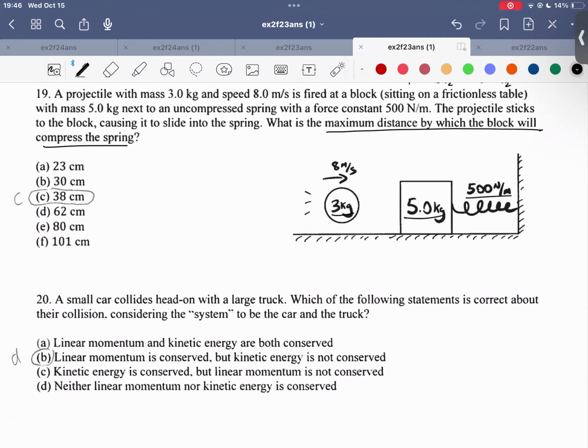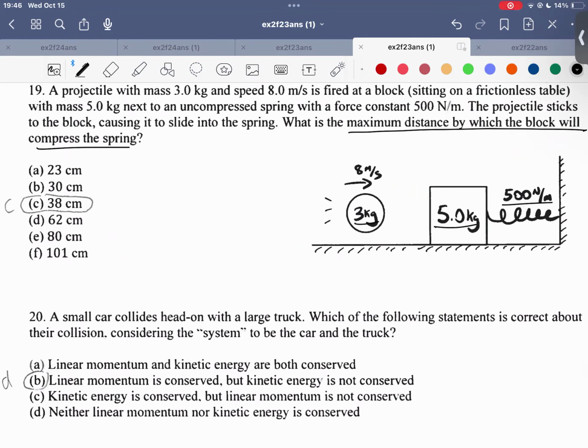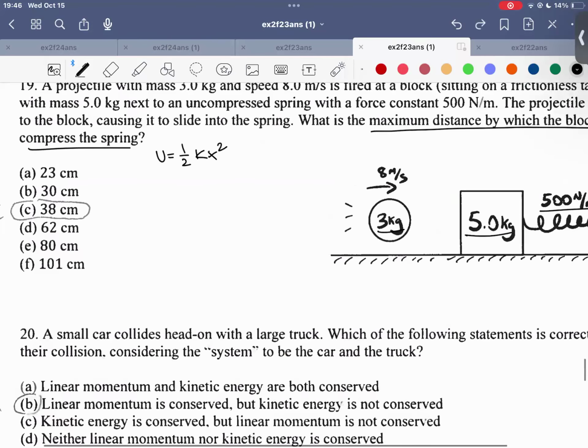So this one, again, we'll use our spring equations, which is this kx squared. And basically the idea is that your energy here is going to be converted. So energy from the ball converted to elastic potential energy.